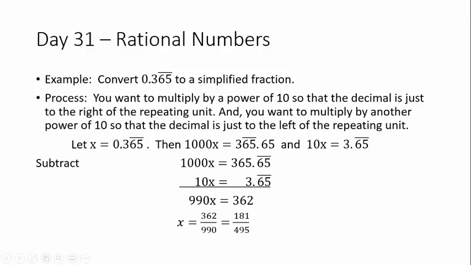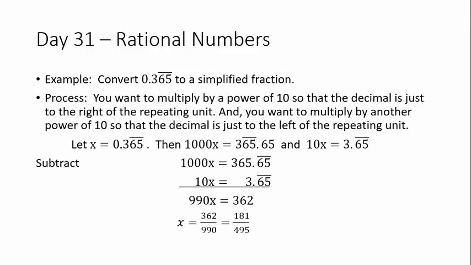After I've done this, I want to subtract. The purpose of multiplying this way is to get the repeating pattern beside the decimal, and when we subtract, everything to the right of the decimal will subtract to 0.